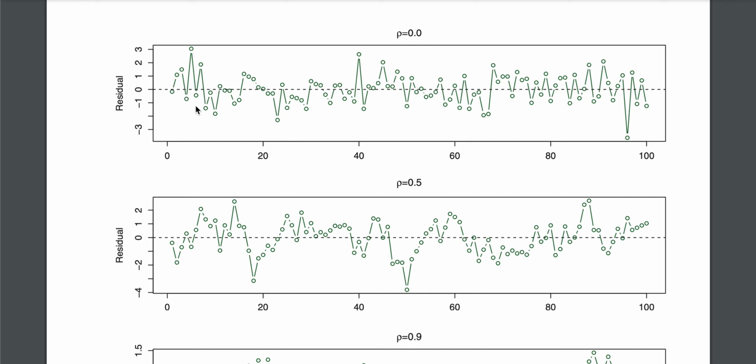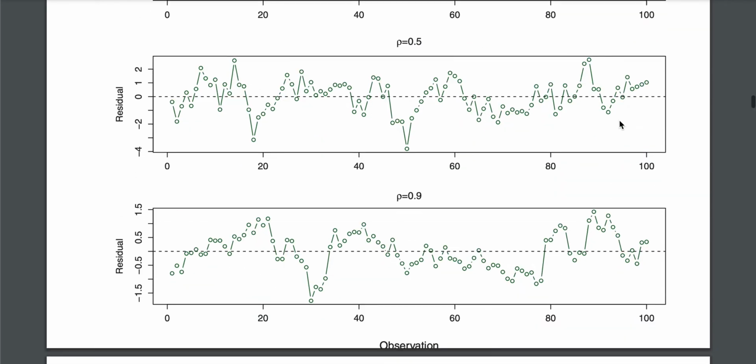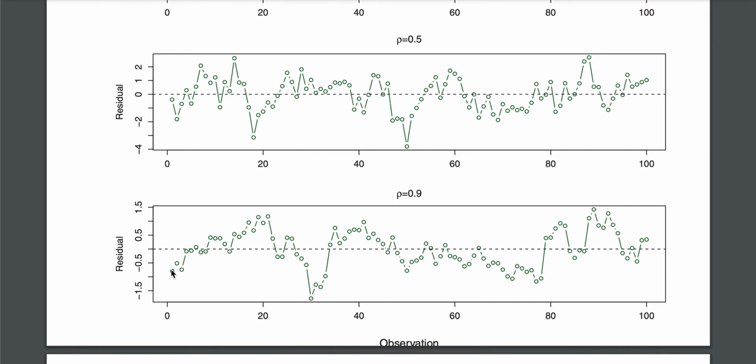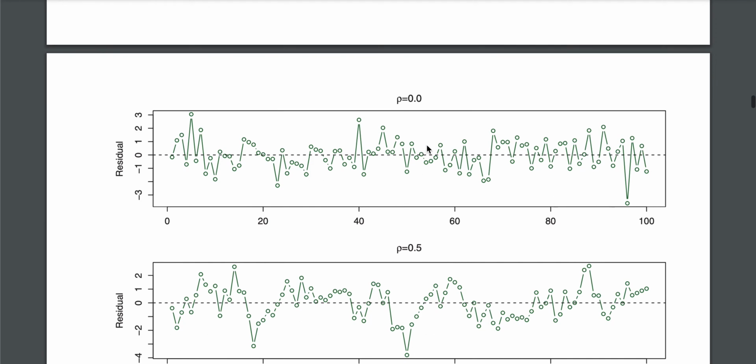Here we can see residuals that are just fluctuating more or less randomly. But then here we have residuals which tend to fluctuate on a larger scale, in a sense that residuals go up and then go down and then go up and then go down, because the correlation between residuals that are nearby is higher. It's 0.9 as opposed to 0.